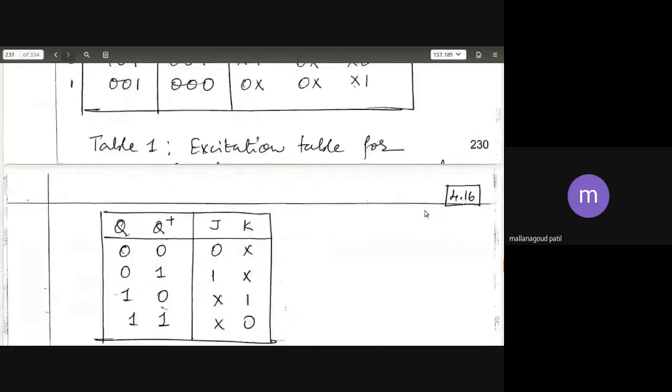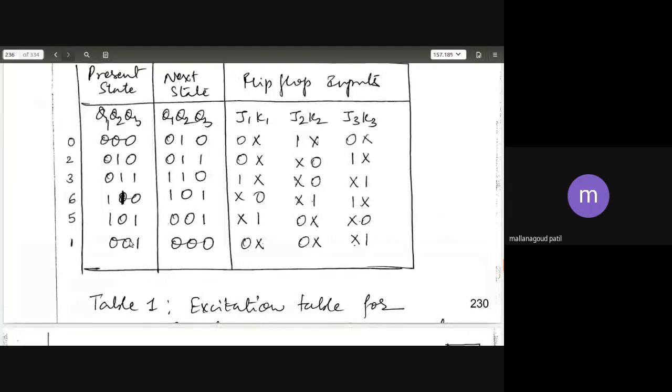Then the present state is actually given as 0, 2, 3, 6, 5, 1. From 0 what should it go to? 2. From 2 to 3, 3 to 6, 6 to 5, 5 to 1, 1 to 0. Because that is continuous, at the end you should not stop. It should be in a continuous state. From 0, once again you have to go.